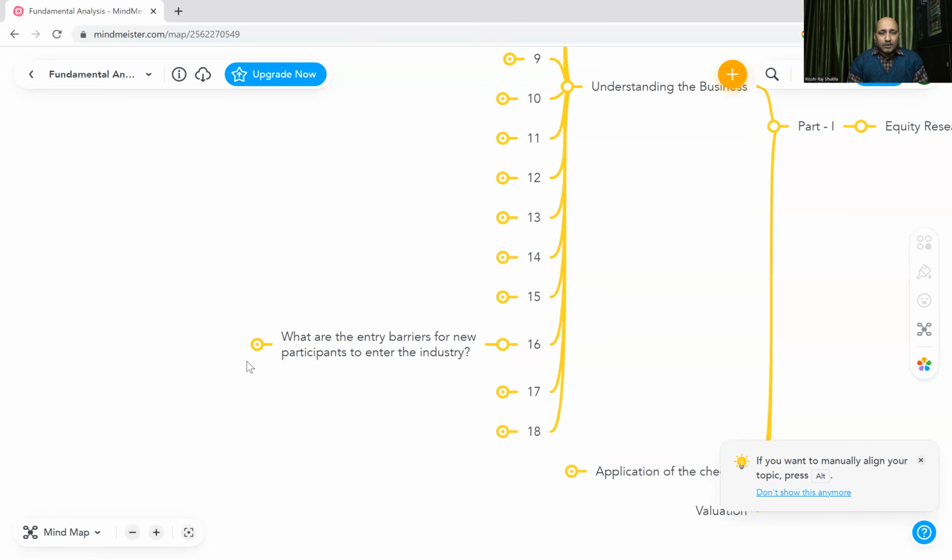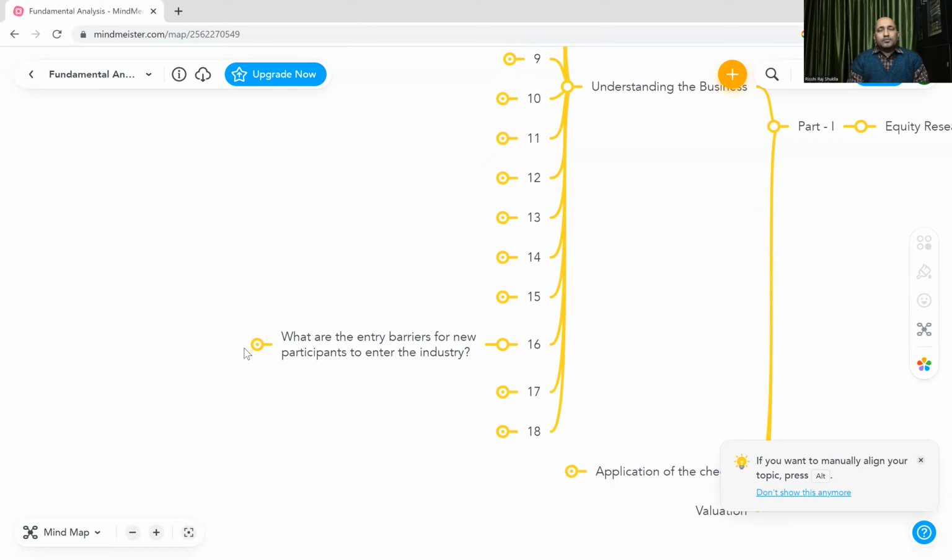What are the entry barriers for new participants to enter the industry? This is also a good thing to check. If it is easy for any participant to enter, then it is not good at all.